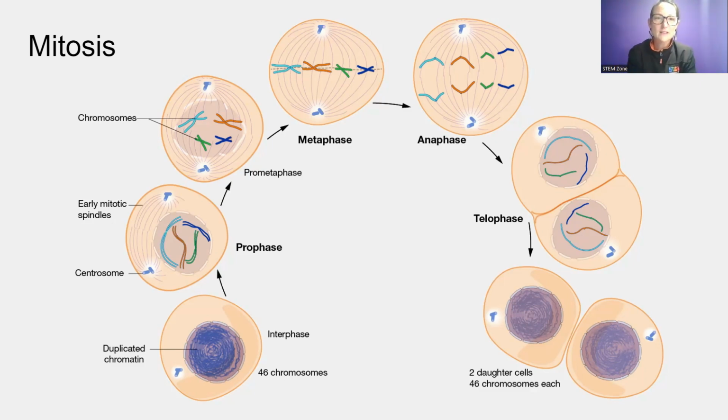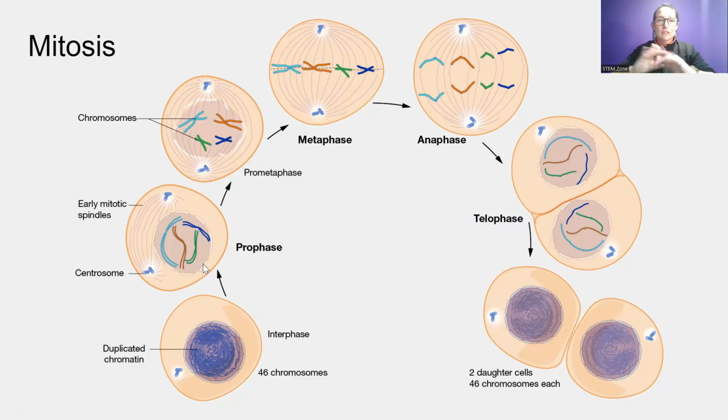So during prophase, you'll see chromosomes condense, centrosomes will be migrating to either side of the cell there on the left here. You've got your protein spindle fibers coming out and forming those long attachments. They will then be working their way towards the DNA, and your nucleus is breaking down.